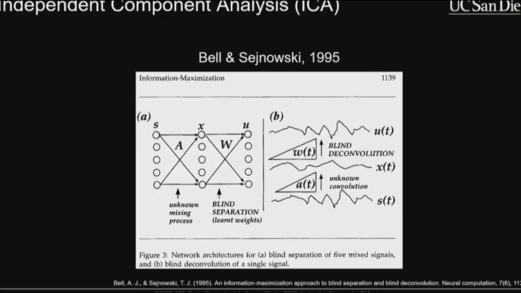What ICA does is, depending on how you're doing it, you're making the stronger assumption that you're going to try to separate these signals such that you're trying to maximize their independence rather than trying to minimize their correlation, which is what PCA is trying to do. And the way that you do that in ICA depends on the algorithm that you're using.